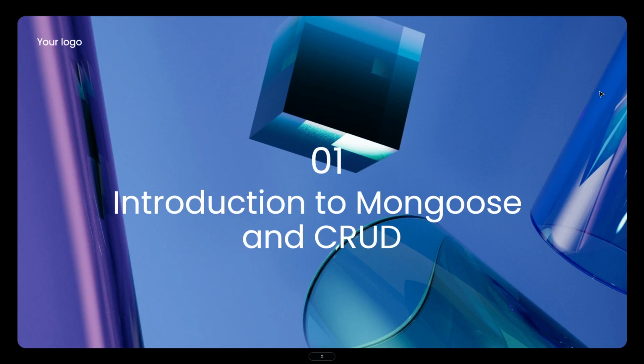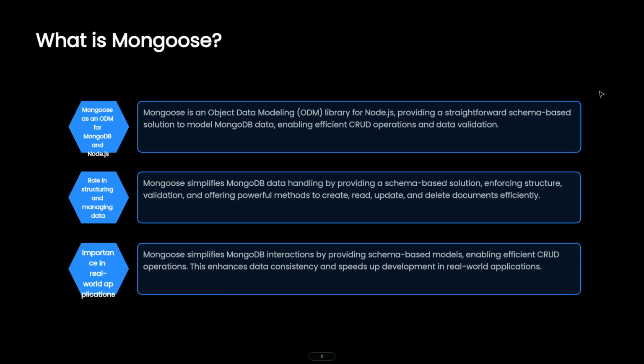The first topic is introduction to Mongoose and CRUD. What is Mongoose? Mongoose is an ODM for MongoDB and Node.js. Mongoose is an object data modeling library for Node.js, providing a straightforward schema-based solution to model MongoDB data, enabling efficient CRUD operations and data validation.